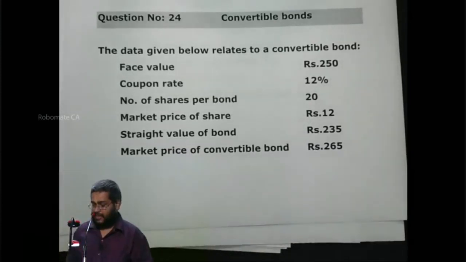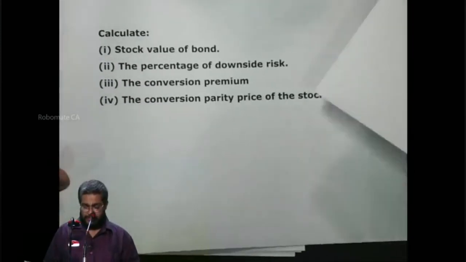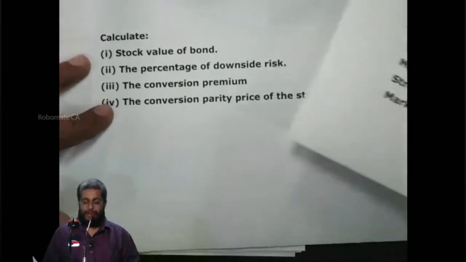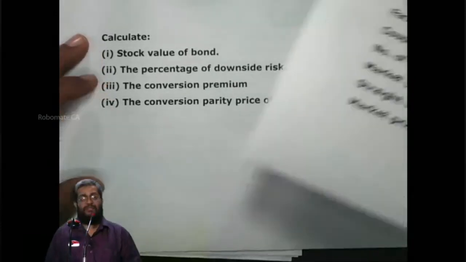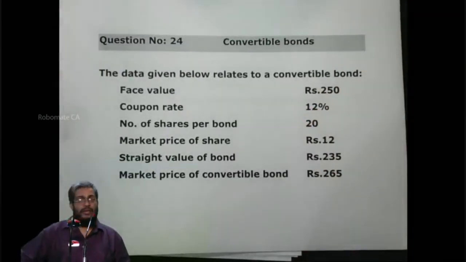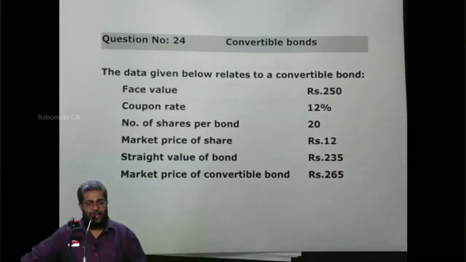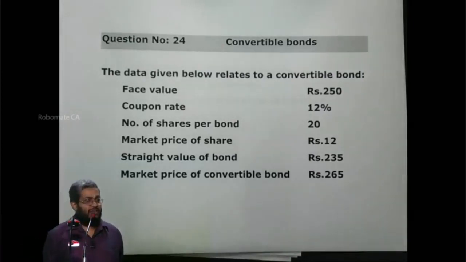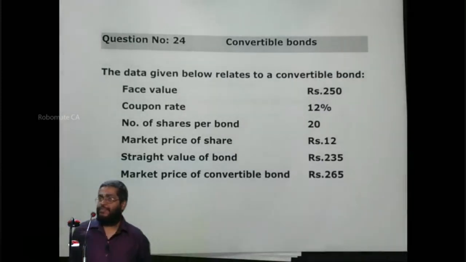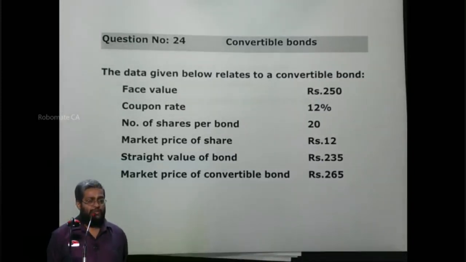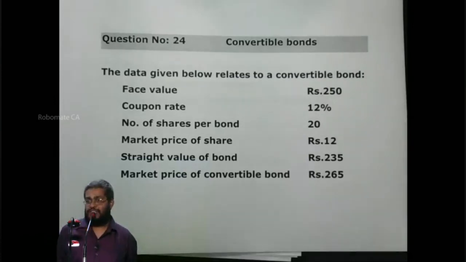Next, step 2: conversion premium. I'll come to downside risk next. Write down: conversion premium is equal to convertible bond value minus conversion value.